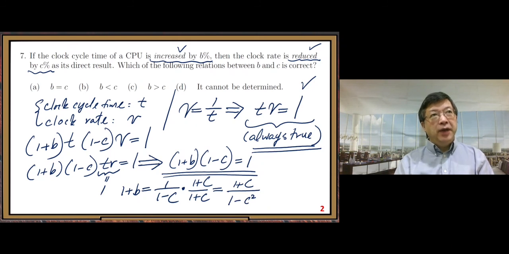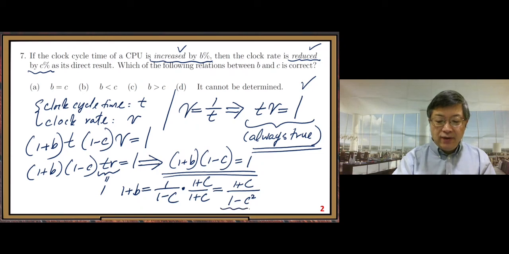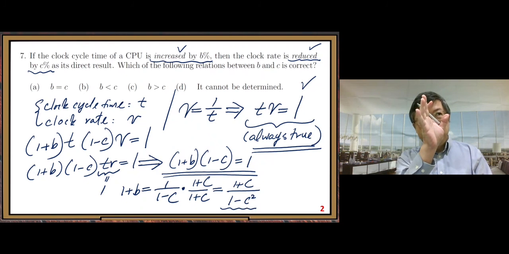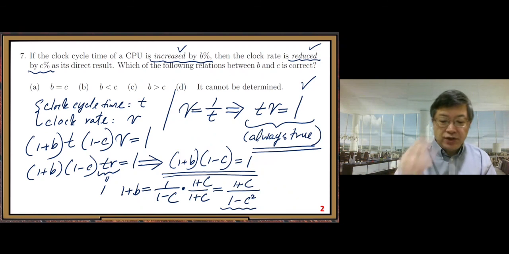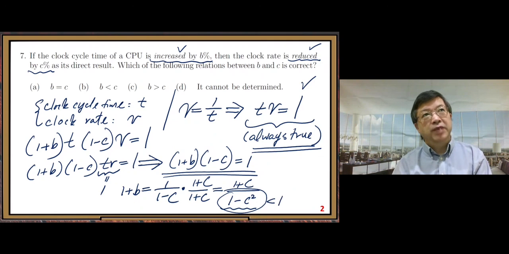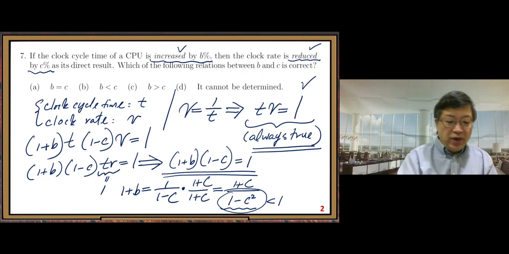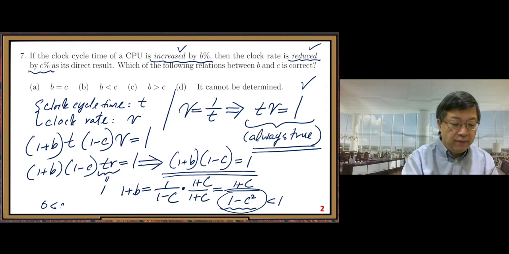Now, let's look at the denominator, 1 minus C squared. First, this whole number is less than 1, right? C squared is positive, so less than 1. And because we dropped the percent sign, we can assume C is between 0 and 1.